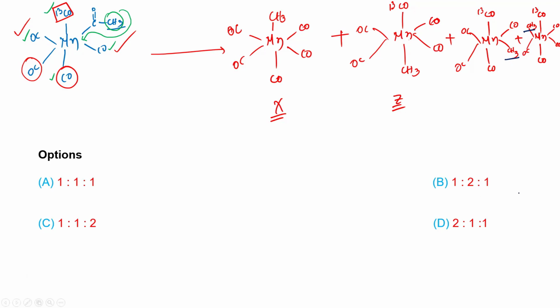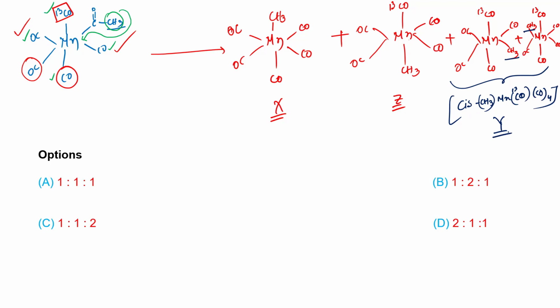Both are occupied by the CH3, and the CO groups are eliminated from those respective positions. So this is cis-CH3Mn(13CO)(CO)4 in both cases.